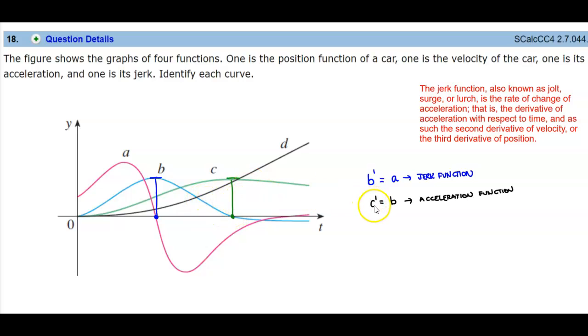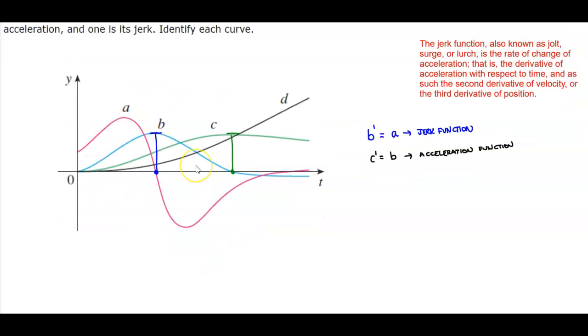Well, if C is the derivative of B, then that means that the derivative of D is going to equal C, which is the velocity function.